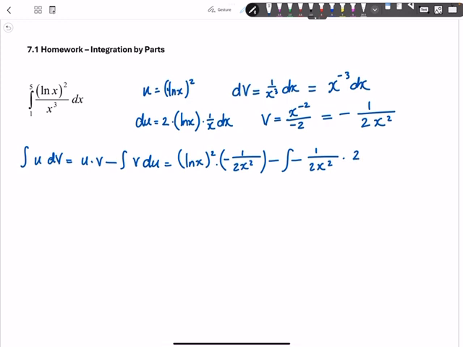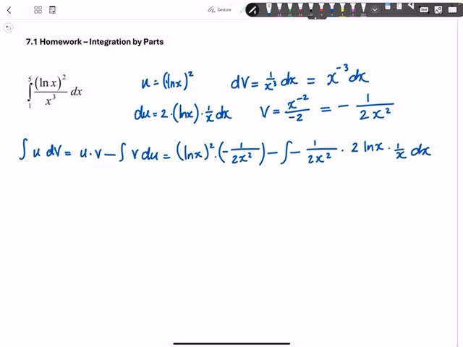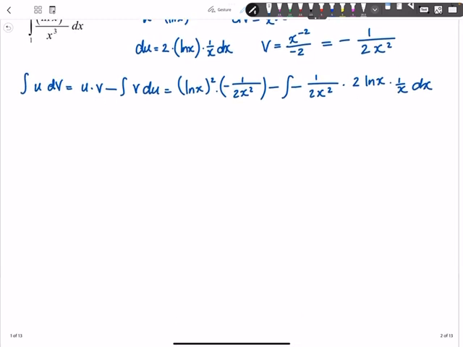And this is going to be 2 times natural log of x times 1 over x dx. So I definitely have quite a bit of cleaning up to do before I start evaluating this problem.